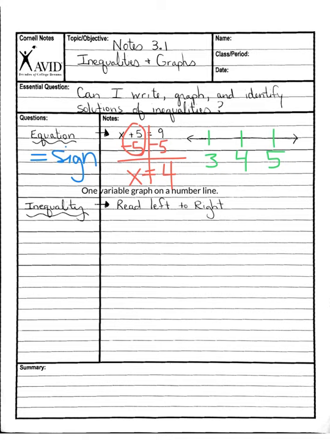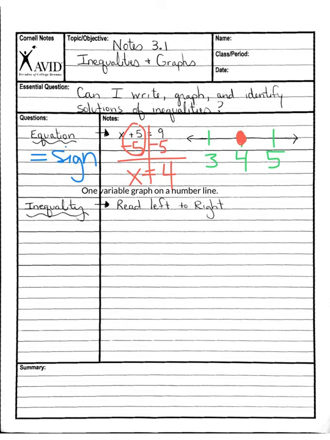And because x is 4, x is not 3.5, x is not 3, it's not 5, it's not 4.1, it is exactly 4 and only 4. We can put a solid dot on the number 4. It's exactly 4. That's it. That is how we graph equations when we have one variable and we graph them on a number line.